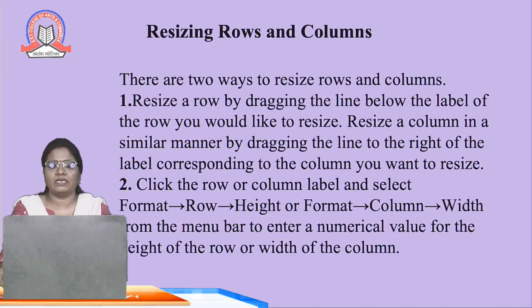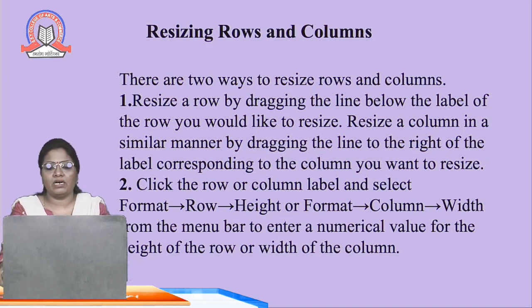Resizing rows and columns. There are two ways to resize. Resize a row by dragging the line below the label of the row you would like to resize. Resizing a column is done in a similar way. While dragging, a notation like equals comes up, and we can drag after that.